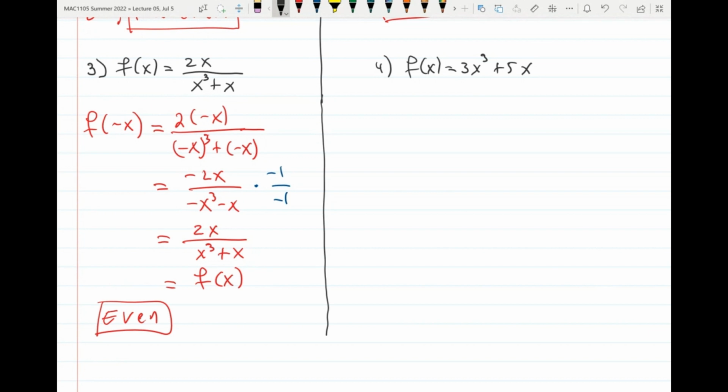Okay? All right. For example, if this would have been a minus, that would be a different story, right? Because if this was a minus, then that means that this would be a plus down here, right? So when you do this business, you would have gotten 2x over x cubed minus 1.